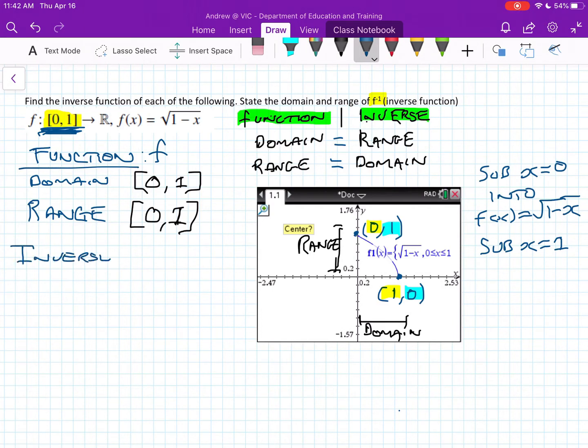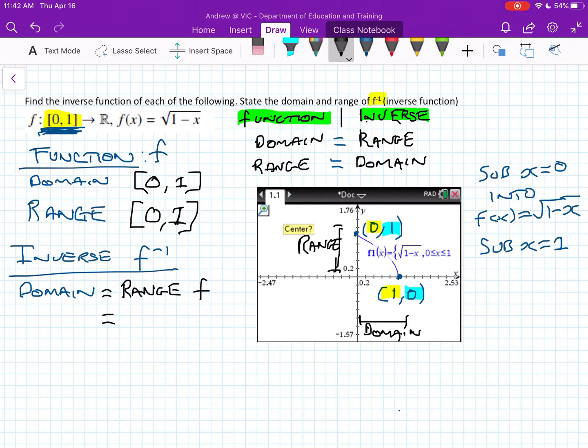Our inverse function, so f to the negative 1, our domain, this is equal to our range of our normal function. So this here just goes to 0 to 1.